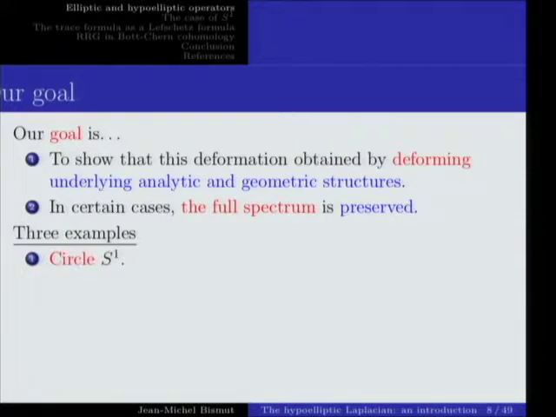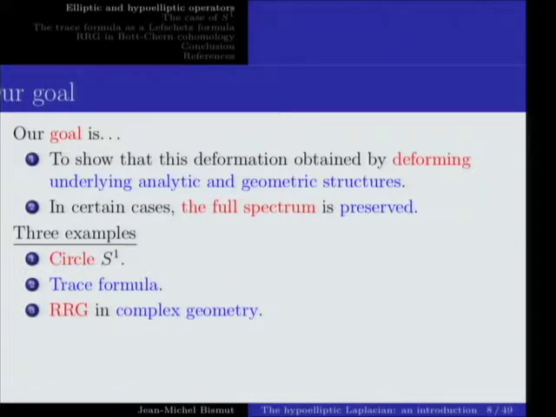I will review three examples: the case of the circle S1, the case of Selberg's trace formula for locally symmetric spaces, and finally I will outline an application in complex algebraic geometry, the proof of the Riemann-Roch-Grothendieck theorem in Bott-Chern cohomology.